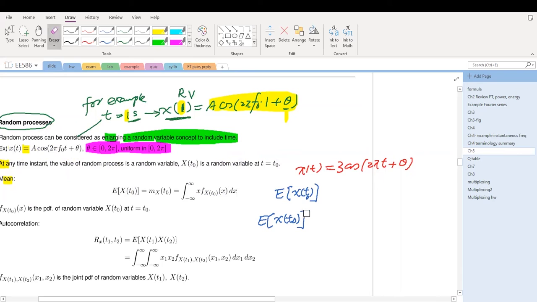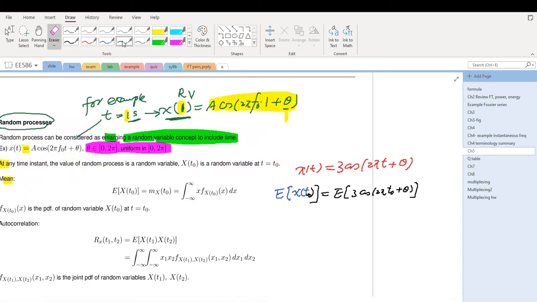Let's find the expectation of X t naught, that's the expectation of 3 cosine 2 pi t naught plus theta. If we want to calculate this expectation, theta is a random variable, and this cosine 2 pi t naught plus theta is a function of random variable theta.